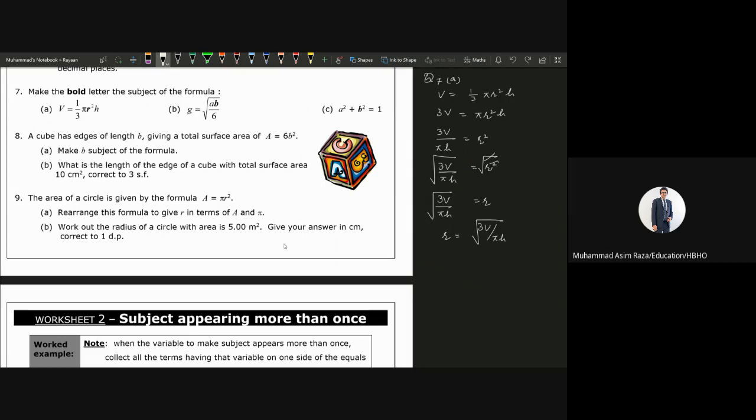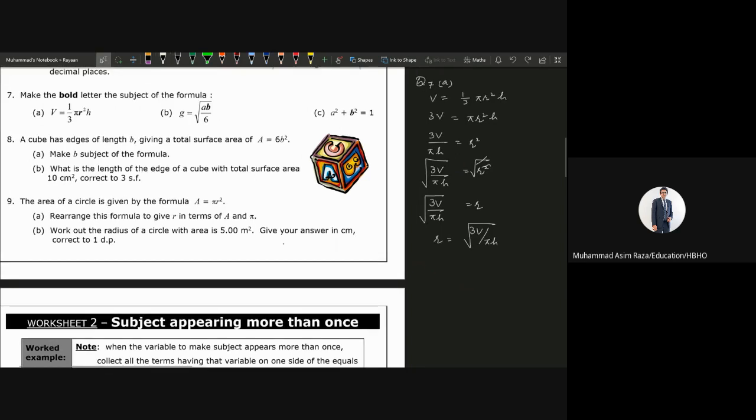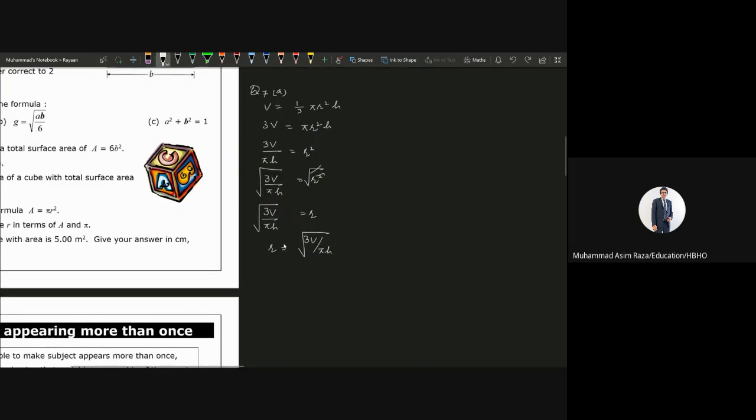Then in part B, it says that g is equal to the square root of ab over 6, and the bold letter is b, and we have to make b the subject of formula. So it will be quite easier.